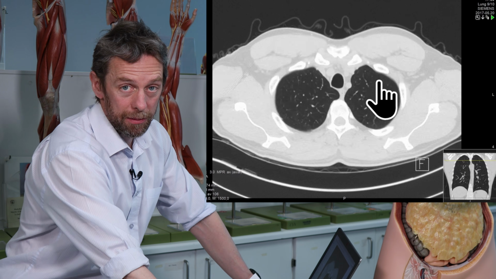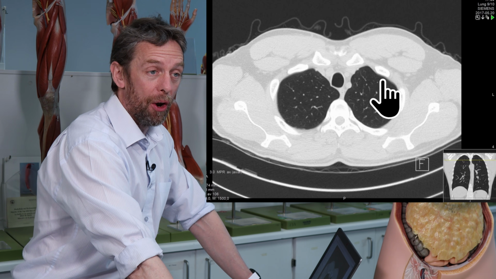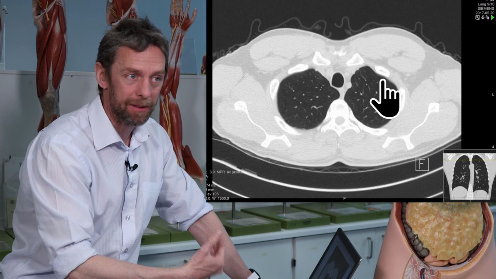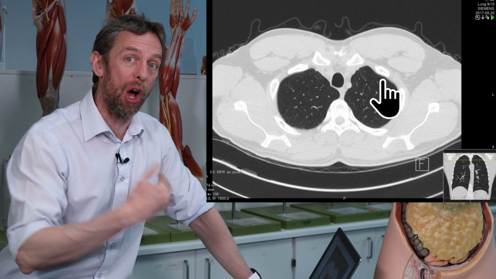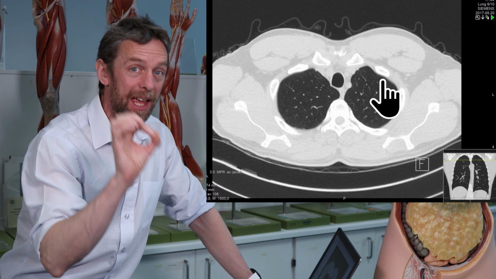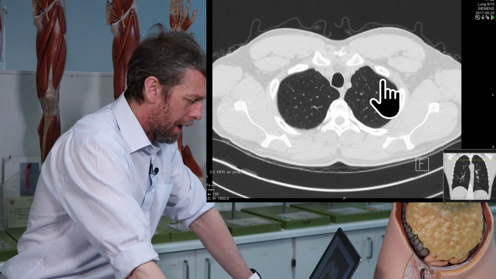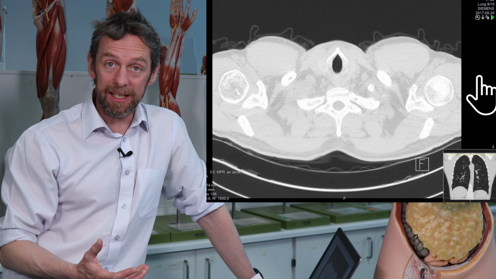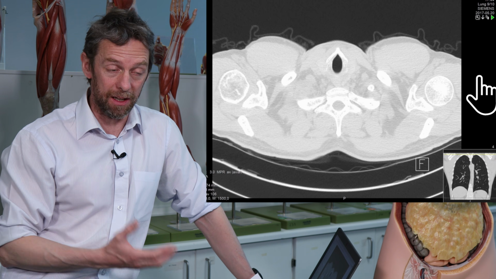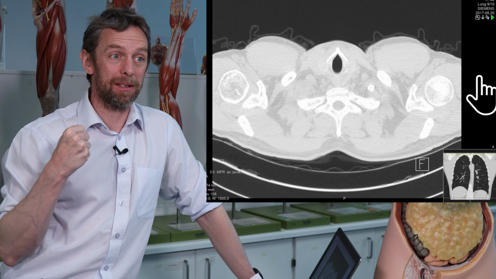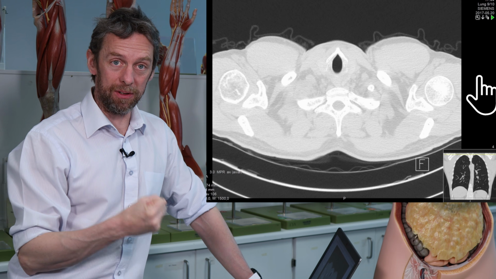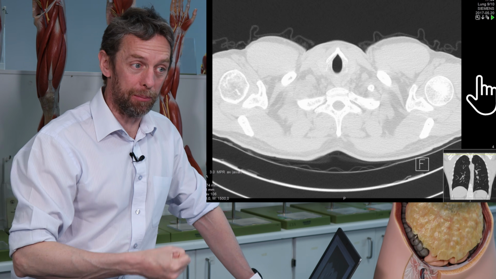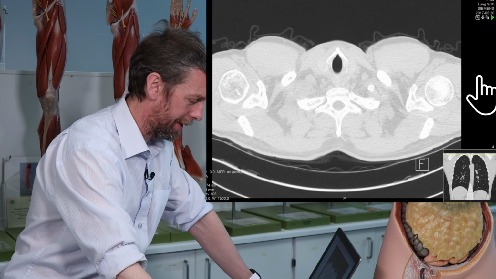That's important because the structures in the thorax are asymmetrical. The aorta goes towards the left. The superior and inferior vena cava are a little to the right. So that is a good head start, right? Another good head start is, this is a CT scan, so it's formed by X-rays, as I said, which means that radio-opaque structures are white, so bones are white, and air spaces are black, because X-rays travel through air very easily.